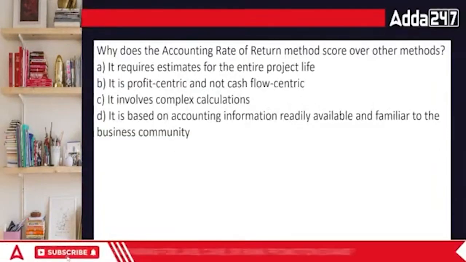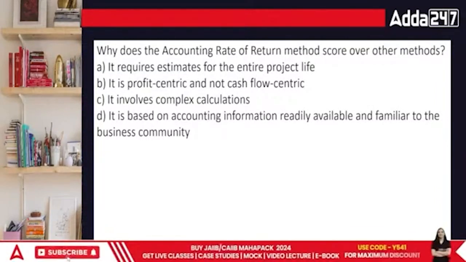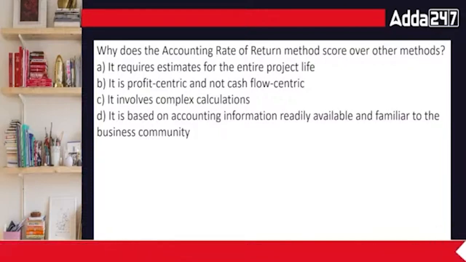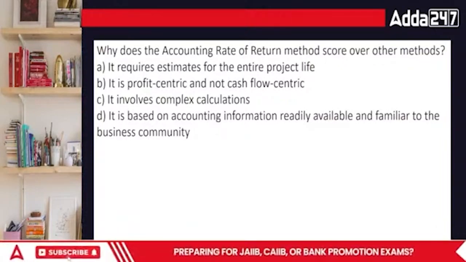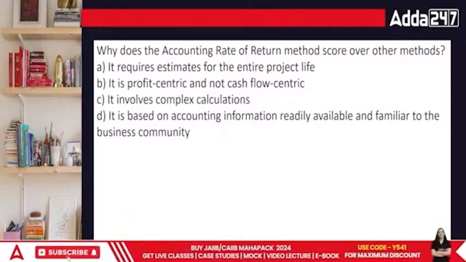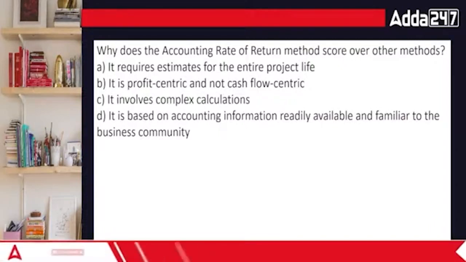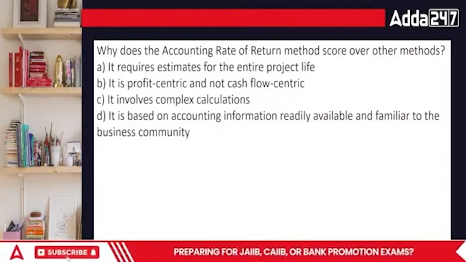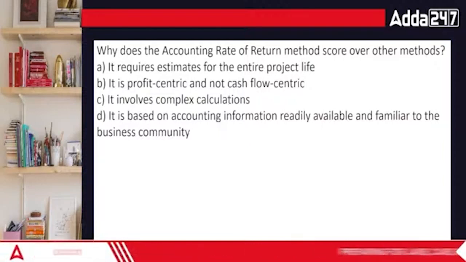Then comes, why does the accounting rate of return method score over other methods? ARR method is actually an accounting area. It requires estimates for the entire project life. It is profit centric and not cash flow centric. It involves complex calculation that is based on accounting information readily available and familiar to the business community.